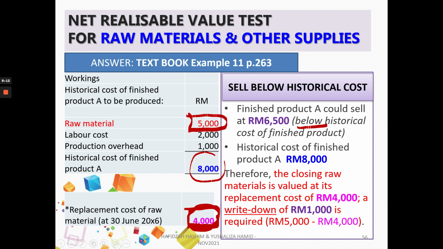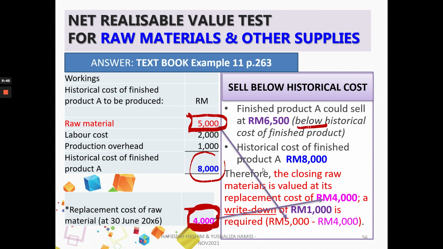So we debit the cost of sale, and we credit the raw material. Basically that has to be adjusted, as that is now at the replacement cost. So there is a write down here of 1,000. The inventory is valued at the replacement cost when that is the best measure.